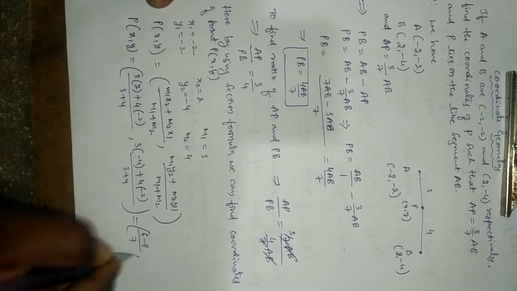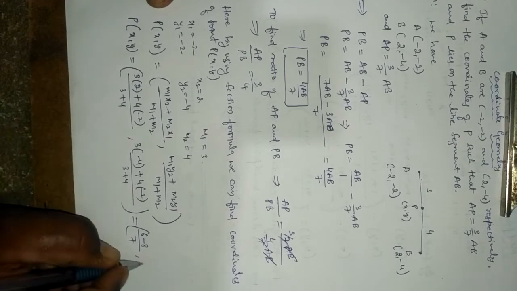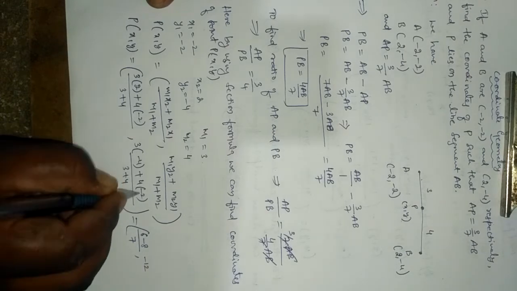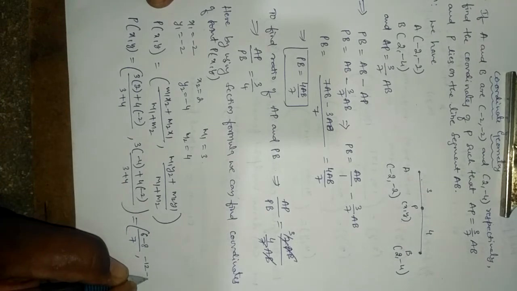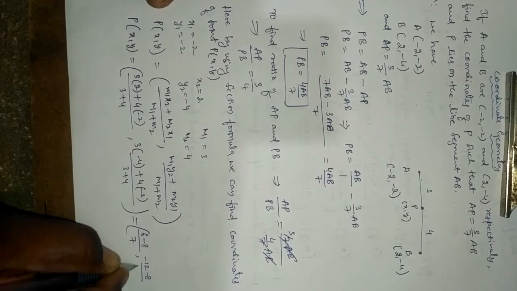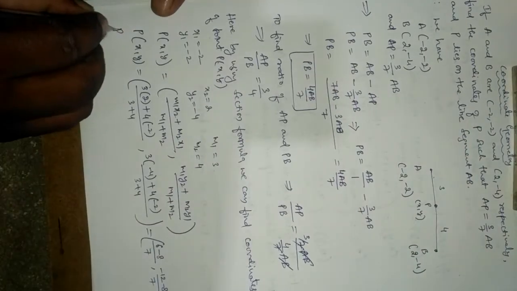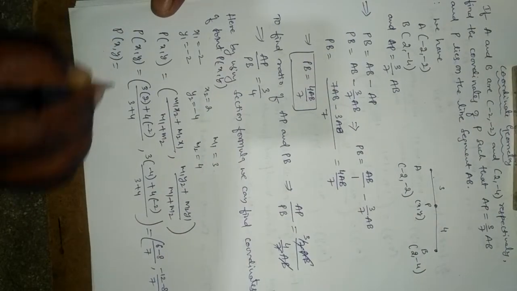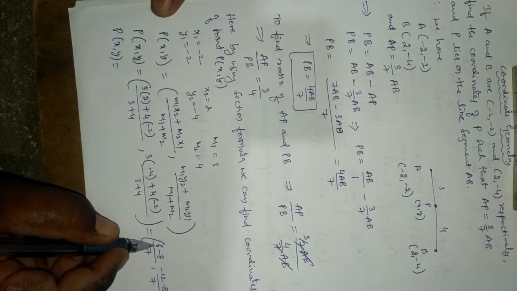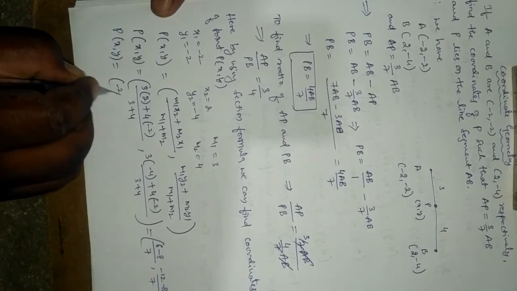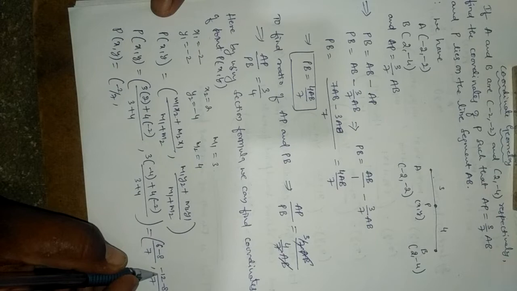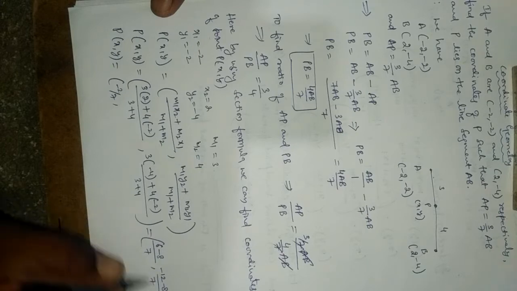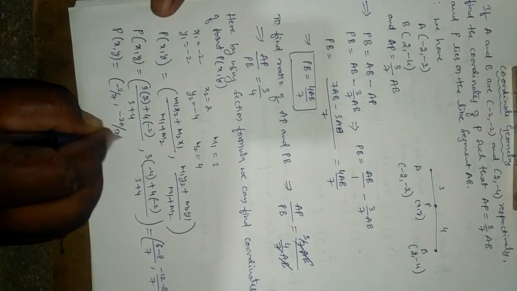If you simplify, 3 twos are 6, plus 4 into -2 is -8, divided by 7. 3 into -4 is -12, plus 4 into -2 is -8, divided by 7. So P(x, y) is equal to (6 minus 8) that is -2/7, and (-12 minus 8) that is -20/7.